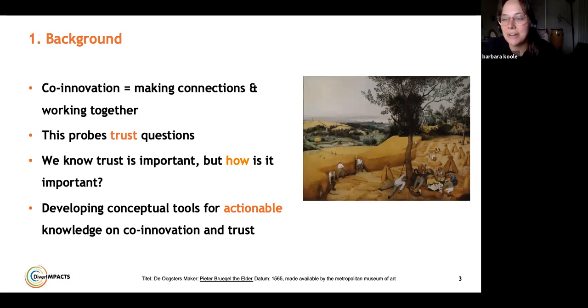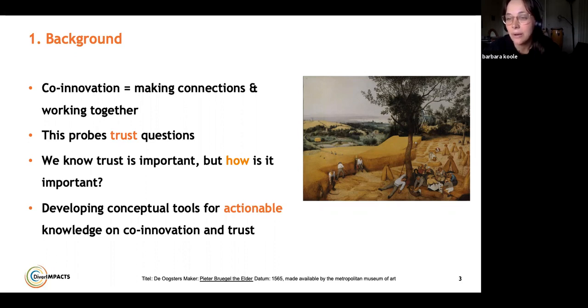In DiverIMPACTS, we have 25 co-innovation case studies, of course, and co-innovation always consists of a lot of making connections and working together. And as you may know from your own work context, this kind of intensive collaboration on innovative and new practices prompts a lot of trust questions. This has been acknowledged in a lot of scientific literature, as well as practical experiences.